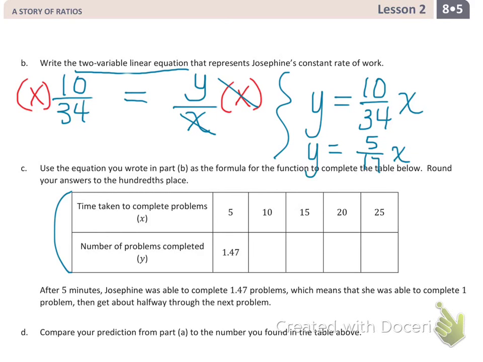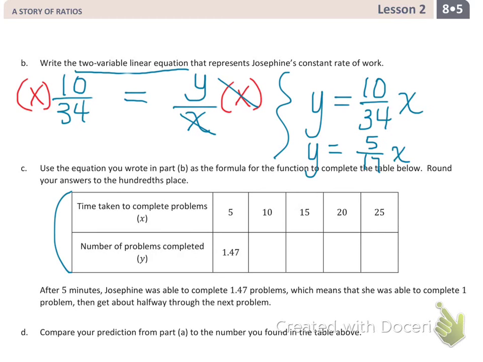Okay, go ahead and pause it, get a calculator, round to the hundredths place. So this is 7 in the hundredths place, so round each of these other values off. Okay, so we'll look at each of these.